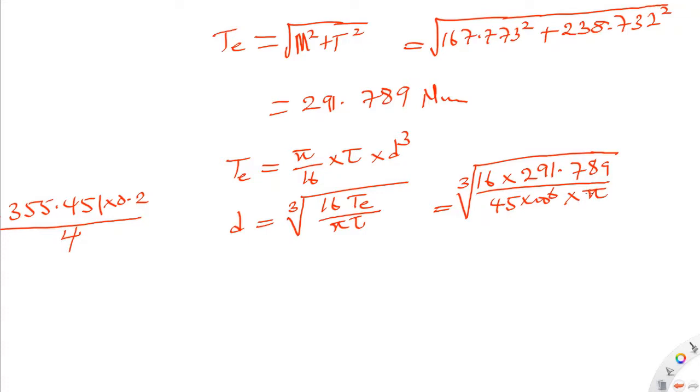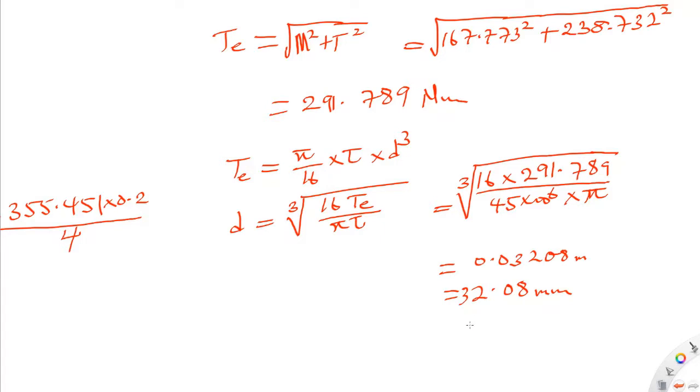And when you simplify that, we get the diameter D to be equal to 0.03208, which is in meters, so simply 32.08 millimeters.